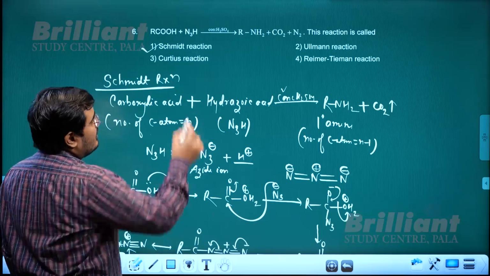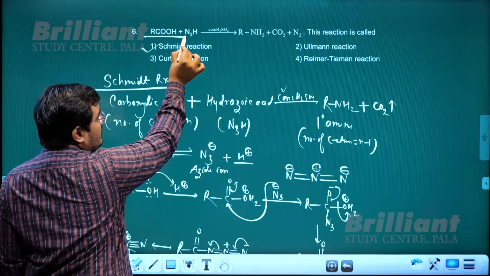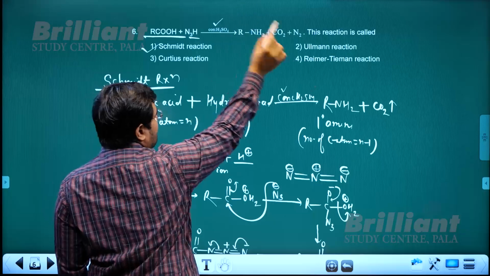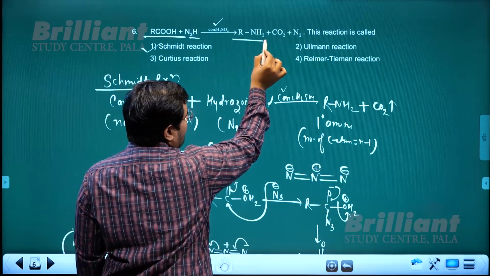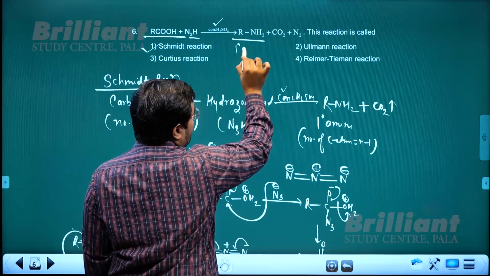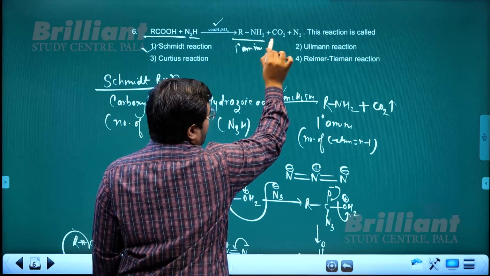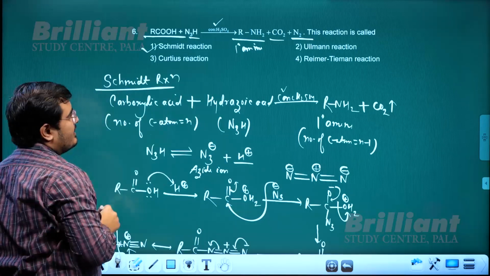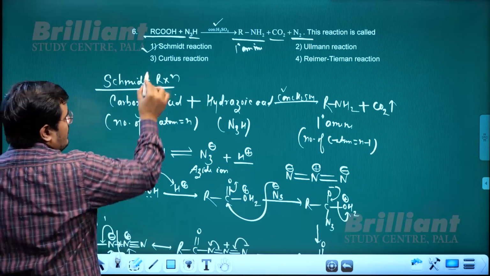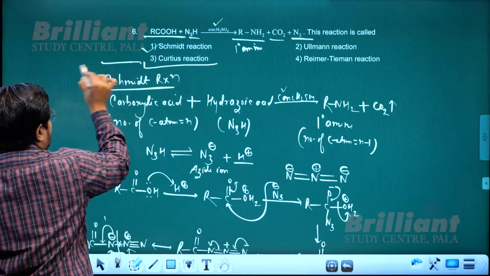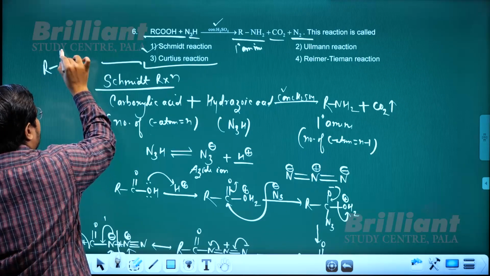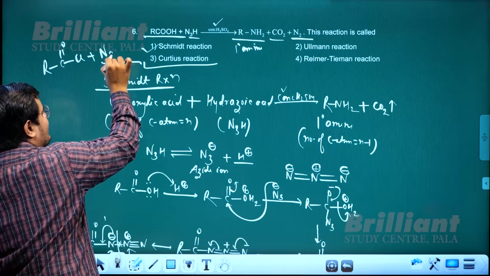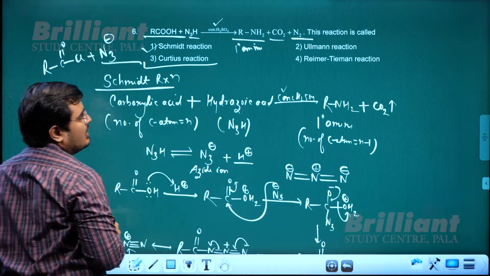So as you can see, you have a carboxylic acid with hydrazoic acid, in the presence of concentrated sulfuric acid, and you are getting a primary amine. You are getting carbon dioxide and nitrogen gas is liberated. This reaction is the Schmidt reaction. The Curtius reaction is exactly the same, but the difference is it happens with acyl azide, from acid chloride and azide ion.